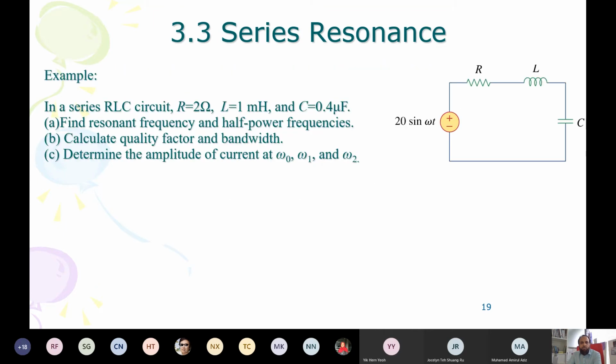Series. So what do you think the L and C will be acting as at resonance? In parallel, there were 3 branches and these 2 were acting as open circuit. But for series, what would they be acting as, the L and C?